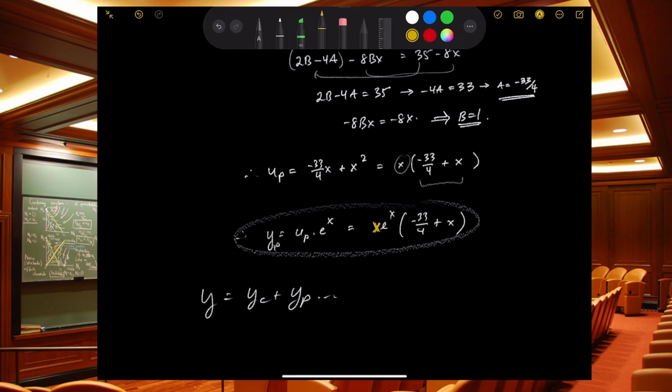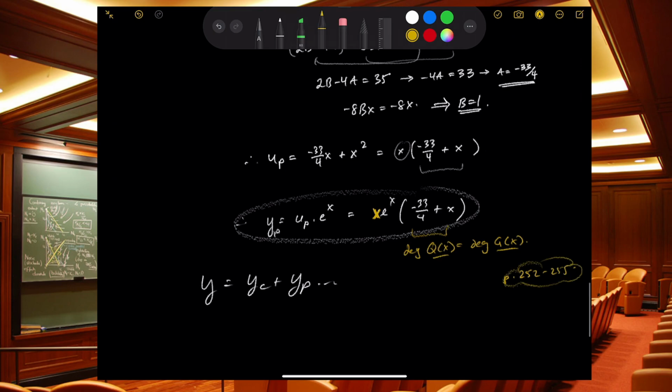So this x is going to be here, and then you'll still have a polynomial q of x over here, which has the same degree as g of x, your starting polynomial. Okay, that's around page 252 to 255 in the Trench text.